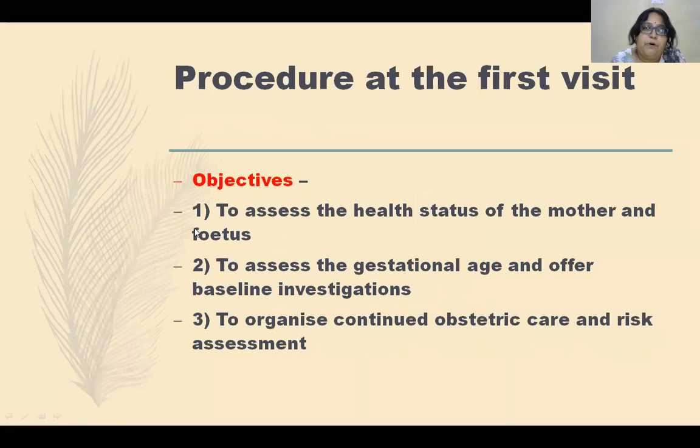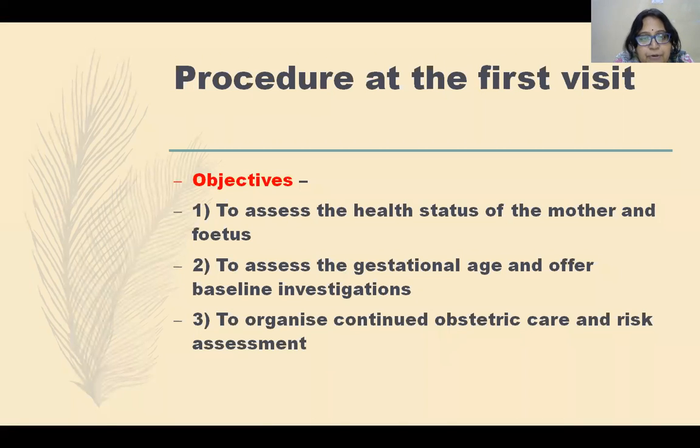Next, what is the procedure we have to follow during the first visit when the antenatal case comes to you for the first time? The objectives are to assess the health status of the mother and the fetus, any risk factors, to assess the gestational age, and to offer her baseline investigations.